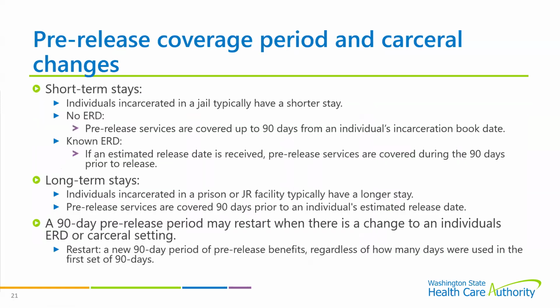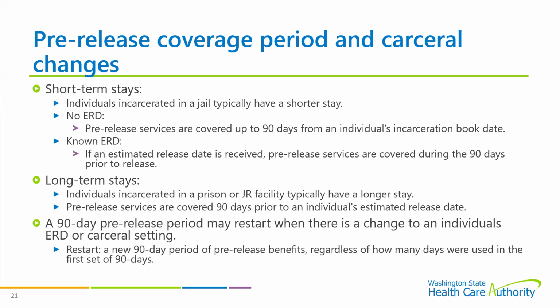For the pre-release coverage period, we define short-term and long-term stays. With short-term stays, such as in jail, if ERD is unavailable, pre-release services may be received for the first 90 days of individuals' incarceration. If ERD is received, pre-release services are covered during the 90 days prior to release. This will also apply to JD facilities when processes are in place.